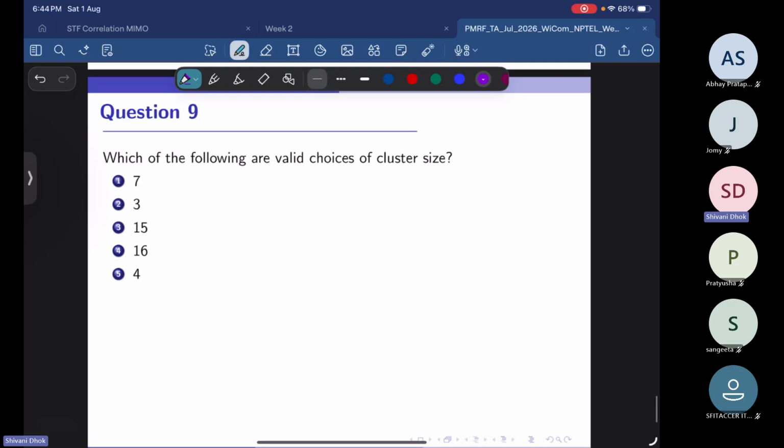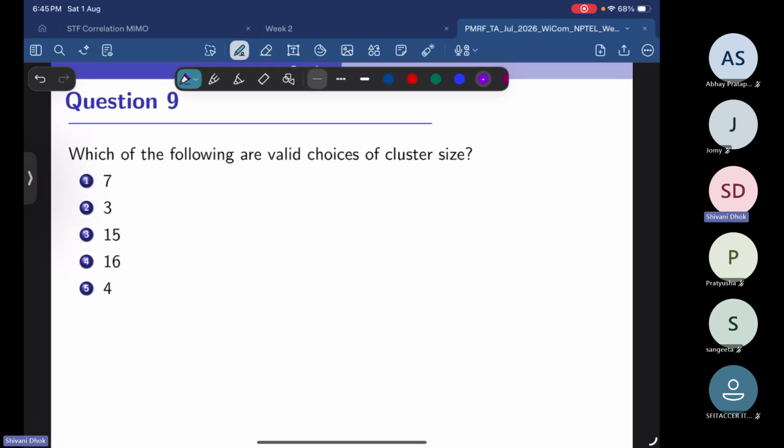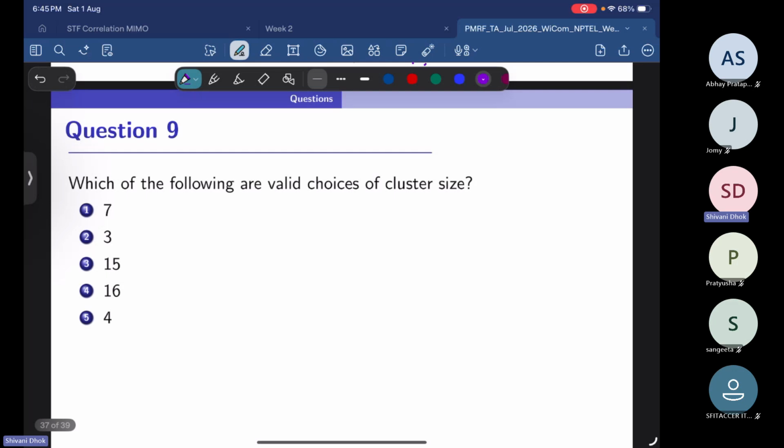If there are no questions, then let me move on to the next one. It says, which of the following are the valid choice of cluster? So which formula gives you the valid cluster sizes? The valid cluster sizes are given by i square plus j square plus ij, where i and j are non-negative integers.